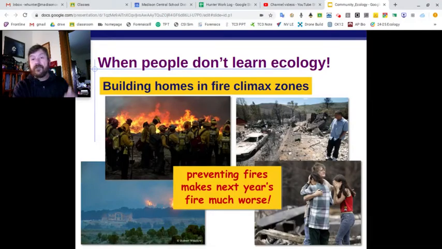A lightning strike, or someone's careless with a campfire, and a small spark turns into a giant fire, like has burned in the last several years in the West. And it's partially because we are building our communities in these places where forest fires are naturally high.